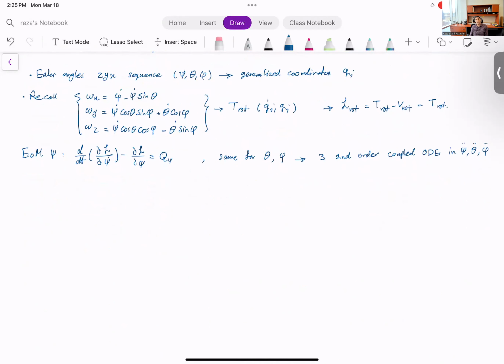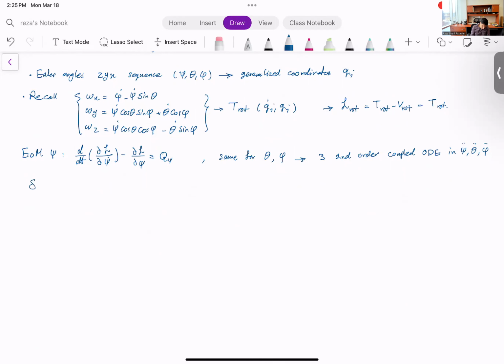To find these Q's, generalized forces, associated with each of these variables or generalized coordinates, we can go back and refresh our memories. We use the concept of virtual work, and we're going to do the same thing.